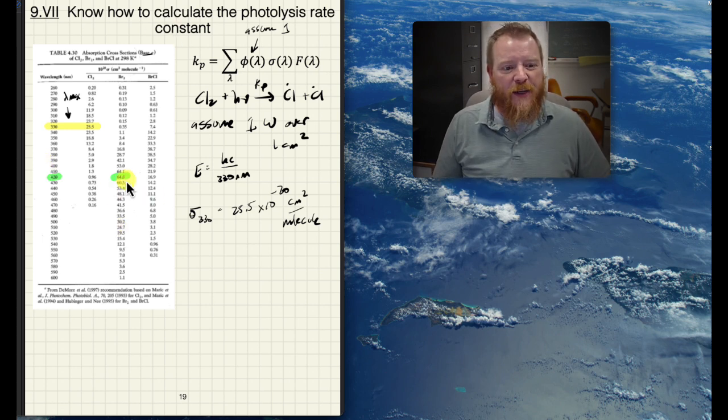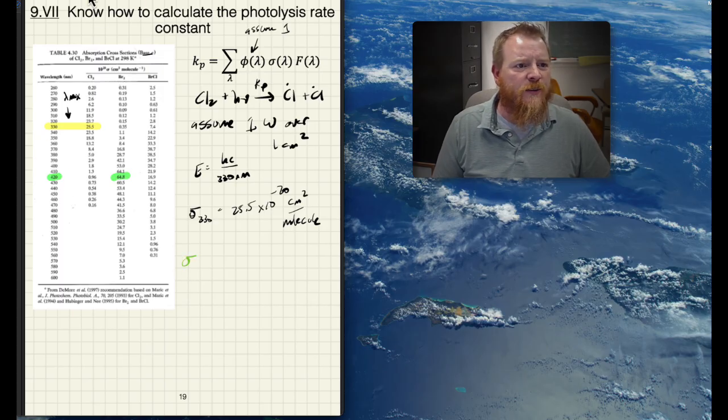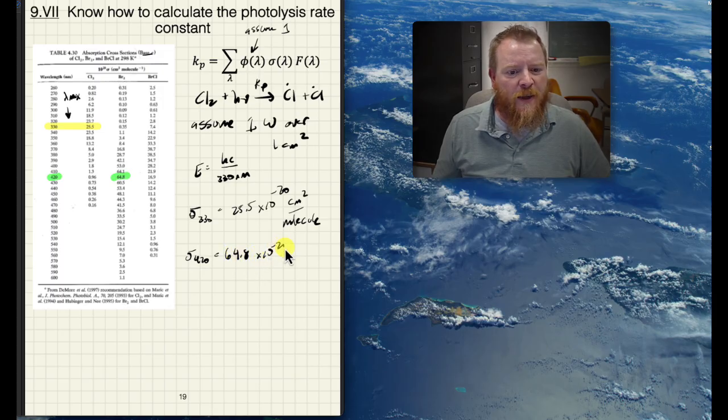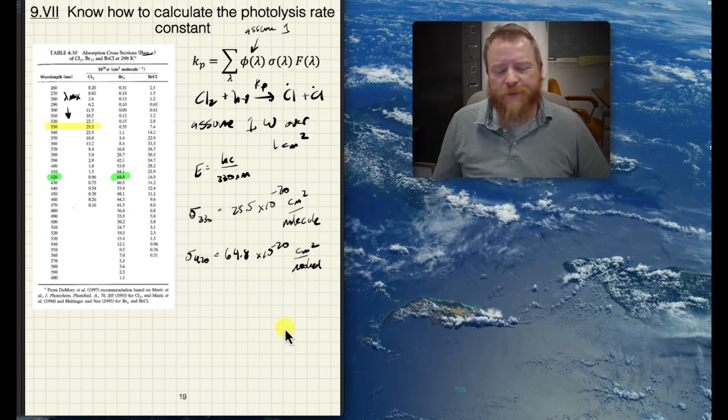I did the calculation for bromine, so let's write that down. Sorry, let me change the color. So the cross section for bromine is 64.8 times 10 to the minus 20 square centimeter per molecule.